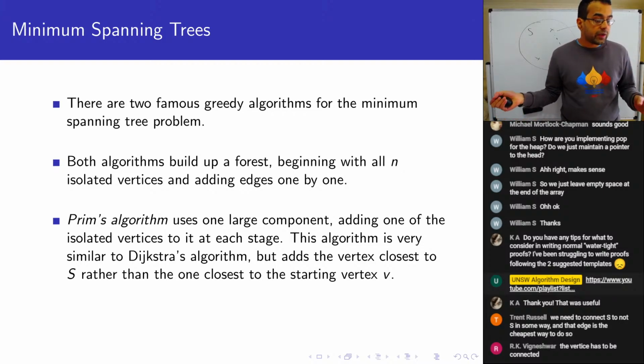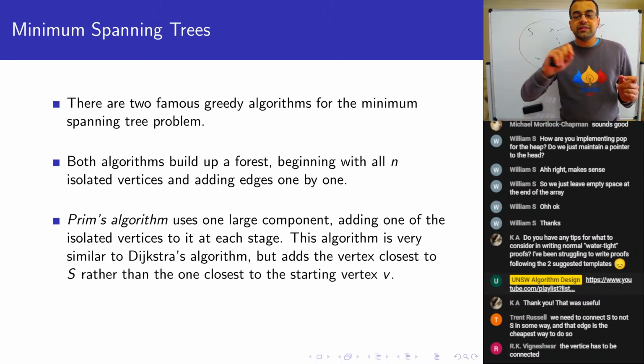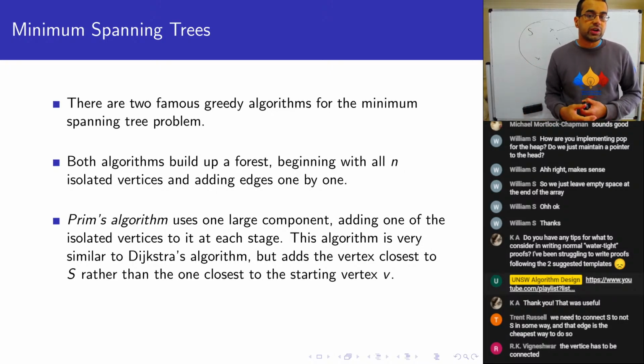How does Prim's algorithm work? It's basically the exact same as Dijkstra's algorithm, but instead of considering the whole path length from S to the new vertex Z, I just consider the last edge from V to Z. That's the only difference between Dijkstra's algorithm and Prim's algorithm. The implementation is otherwise identical.